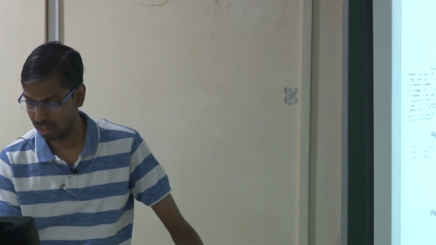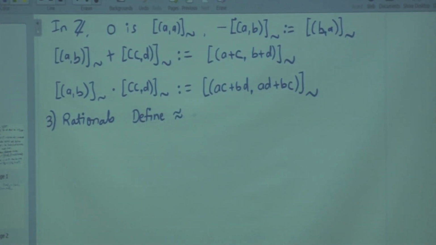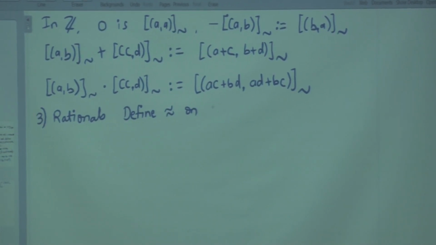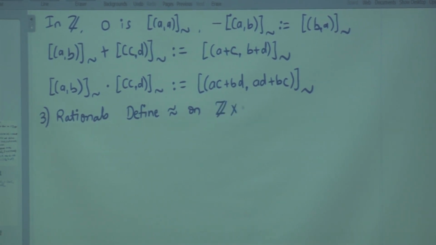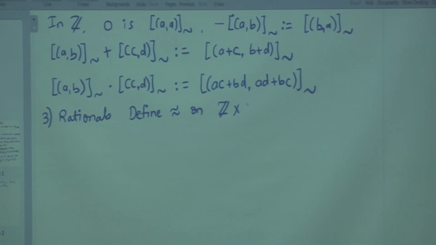So define double tilde on Z cross Z plus. Z plus is all positive integers as (a, b) double related to (c, d) if ad is equal to bc.